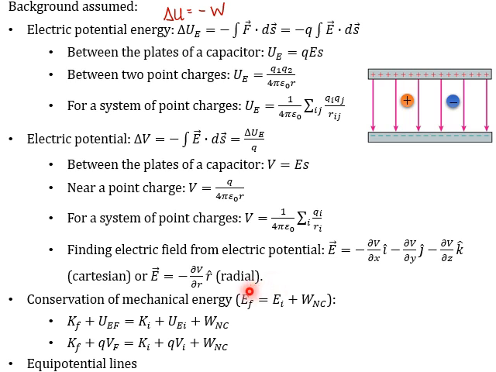In this section, we'll pretty much only think about electric potential energy, but in general, you could have gravitational and spring potential energy as well. And last, we'll also look a little bit at equipotential lines and the relationship to electric field lines. So here's more or less the things I think you've done already. We'll do some review, and of course, you should reach out if you have any questions.